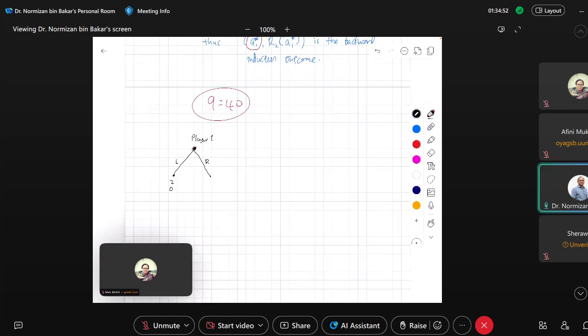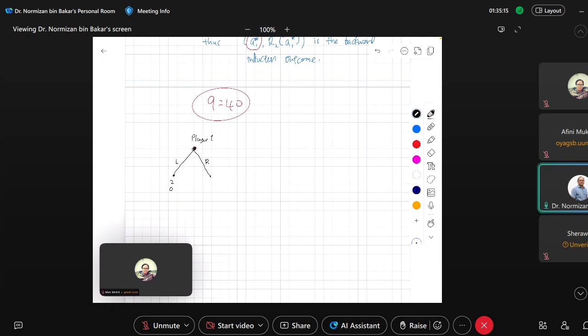And if R, then it is player 2's turn. Player 2 also has 2 strategies, L prime and R prime.